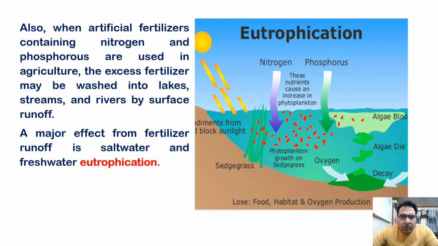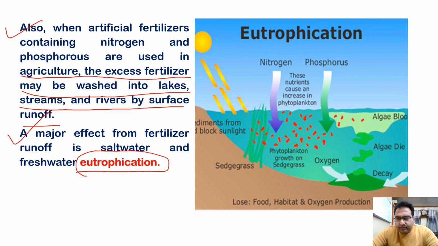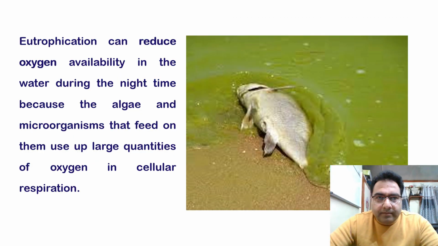Also, when artificial fertilizers containing nitrogen and phosphorus are used in agriculture, excess fertilizer may be washed into lakes, streams and rivers by surface runoff. The effect of fertilizer runoff is saltwater and freshwater eutrophication. So eutrophication is excessive nutrients in a water body.